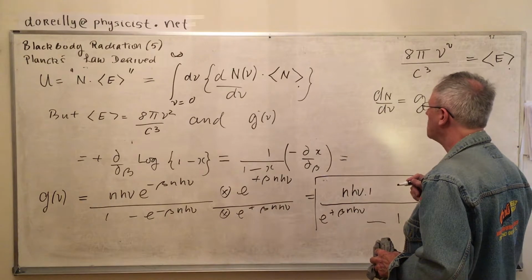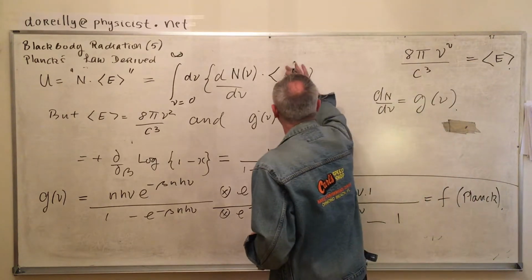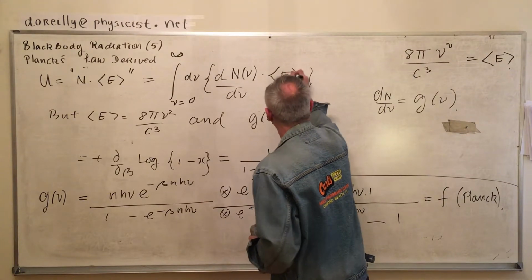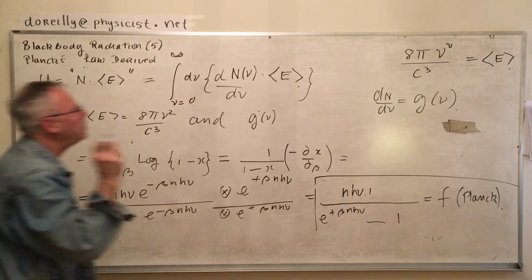Now I can't remember which was, let me just check. This is not correct. This is the average energy E. So this is the G of nu.